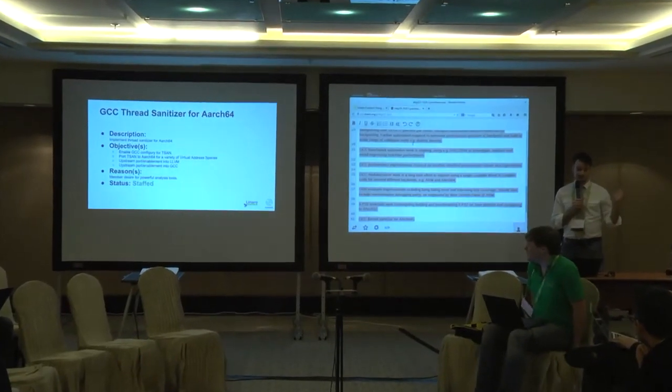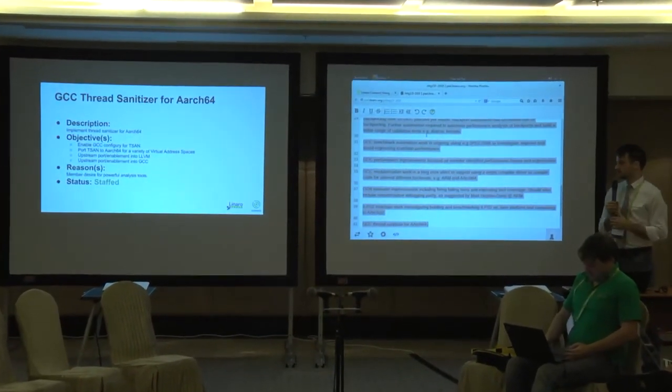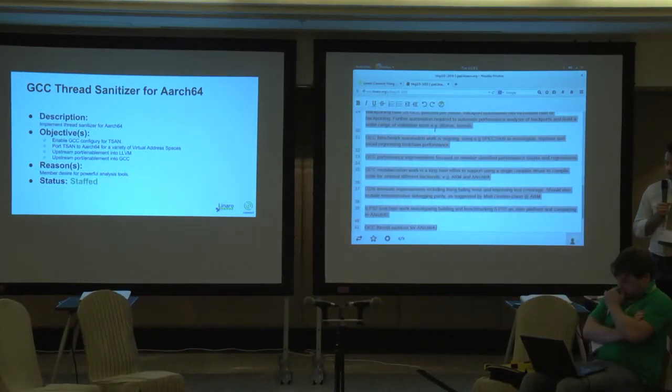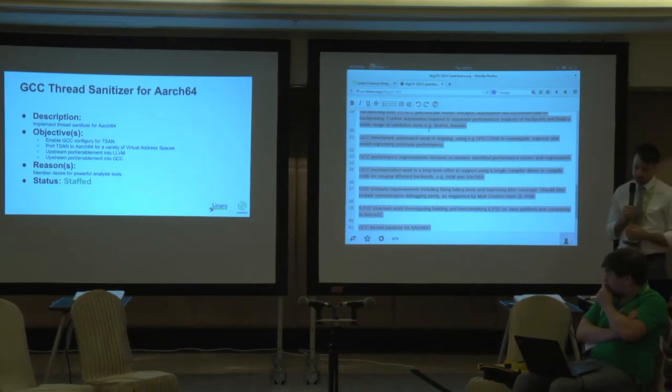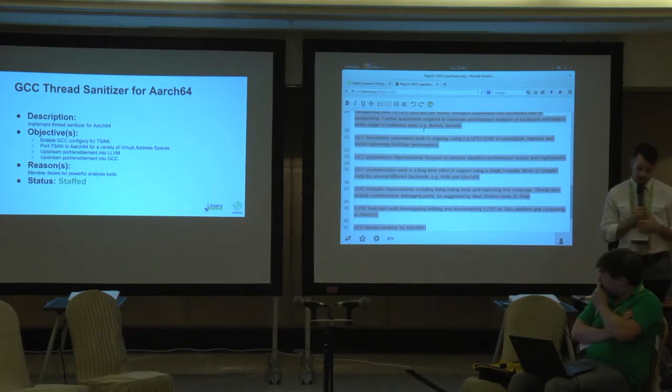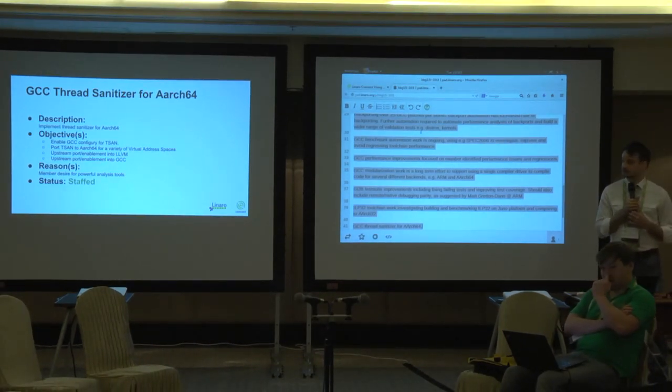I mean, it really was not built to be multi-architecture. So there's been some major porting efforts there. There are some issues in the virtual address space designations that we're having to work on for AArch64. Different SoCs have different virtual address space sizes, so we have to make some accommodations for that.